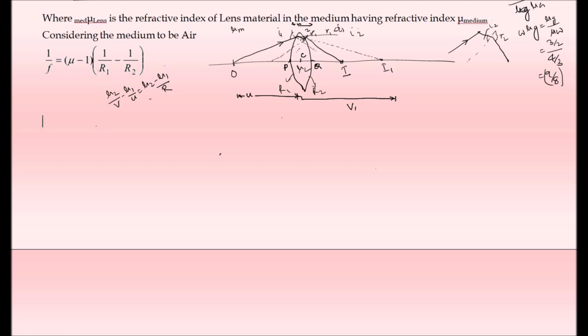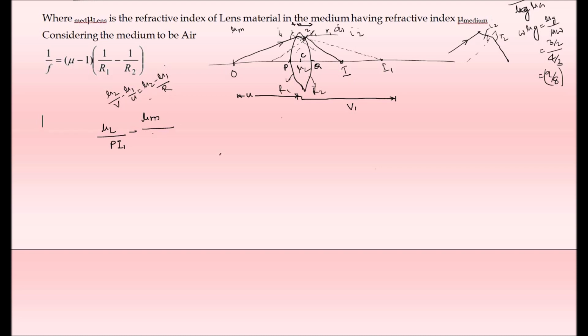Now we will apply the refraction formula for the first surface. So the formula is mu2 by v minus mu1 by u is equal to mu2 minus mu1 by r. So for the first surface, mu2 is equal to mu l, and the image distance is equal to PI1. The mu1 is equal to mu m, as the light ray is going from the medium having refractive index mu m.